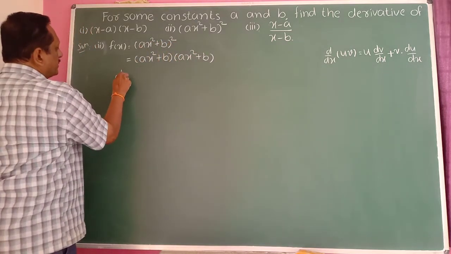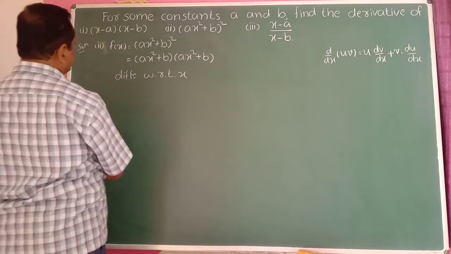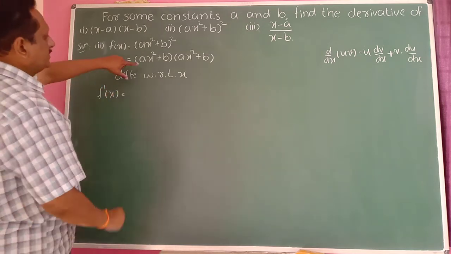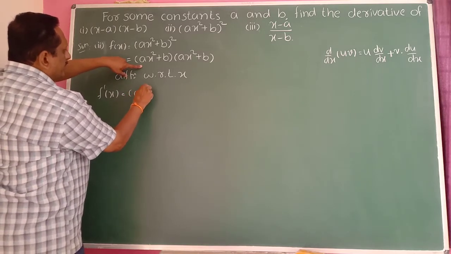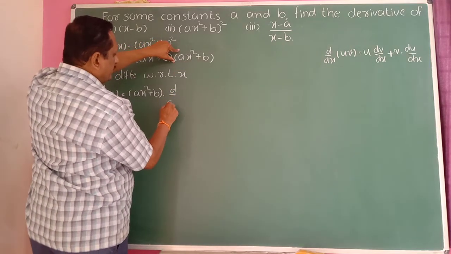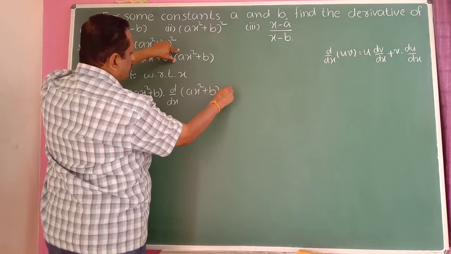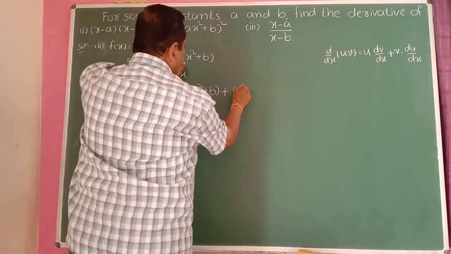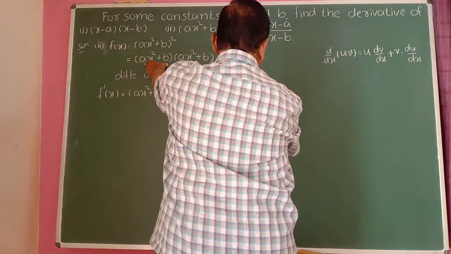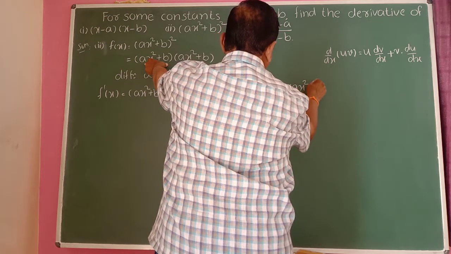Now differentiating with respect to x here. Hence f'(x) is equal to, first function (ax² + b) into differentiation of the second function, d/dx of (ax² + b), then plus the second function (ax² + b) keep as it is, then differentiation of the first term, d/dx of (ax² + b).